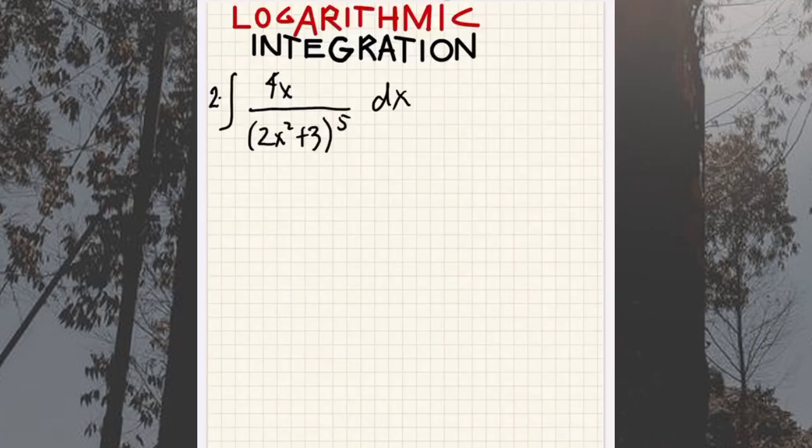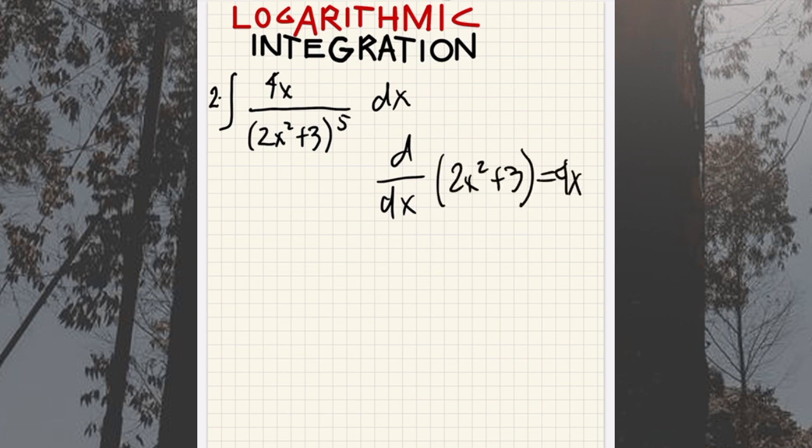Our second problem is the integral of 4x over 2x squared plus 3 raised to 5 dx. First, we look inside the parentheses in the denominator, which is 2x squared plus 3. The derivative d over dx of 2x squared plus 3 is equal to 4x, right?